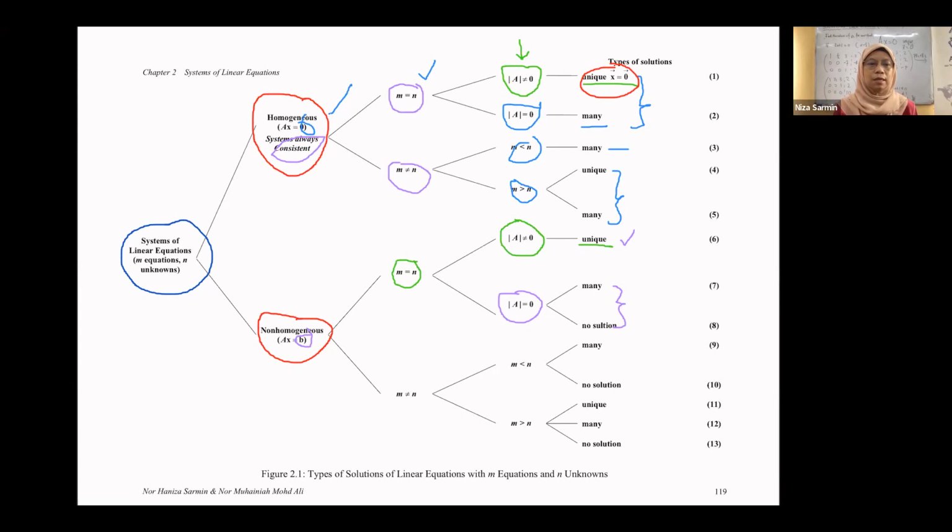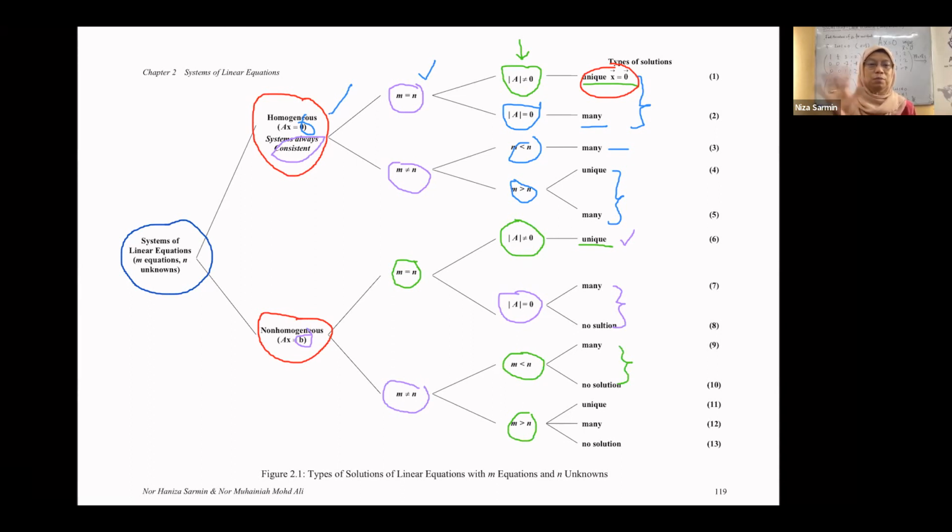And lastly, for the non-homogeneous, when it is not a square, the number of rows can be less or it can be more. If it is less, then you have two types: can be many or no solution.